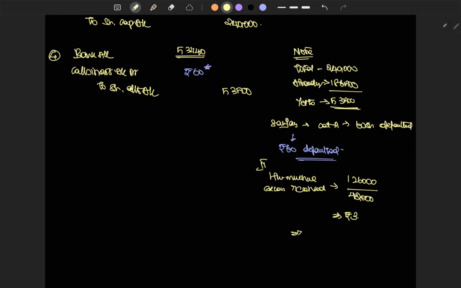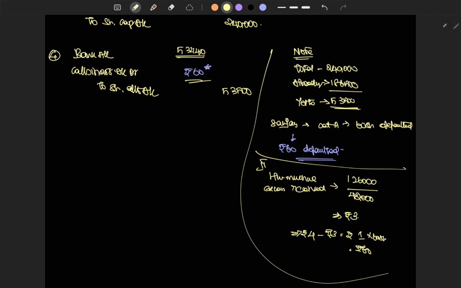How much do we have to receive? For allotment we have to receive rupees 4, and we have received already 3, so receivable is rupees 1. So 1 into 60 shares defaulted, so rupees 60. So this is one method, and that is also one method. We can use either of those methods.